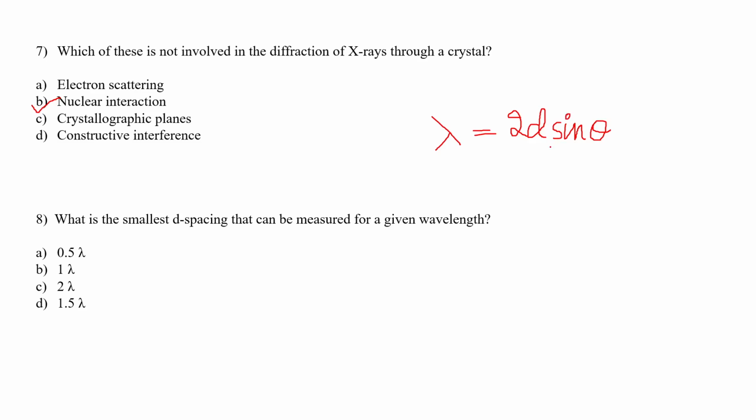So let me rearrange it first. So d will be given by lambda by 2 sine theta.